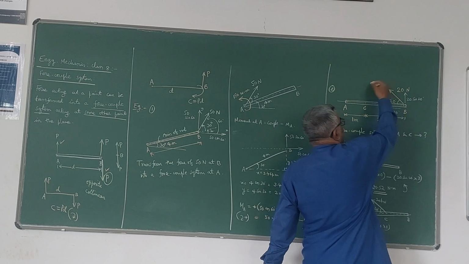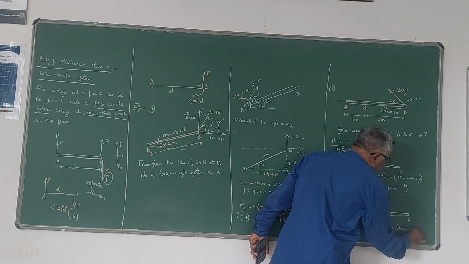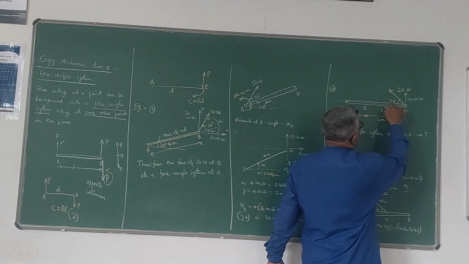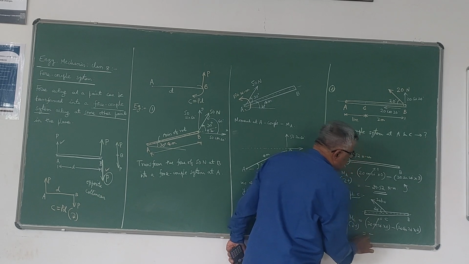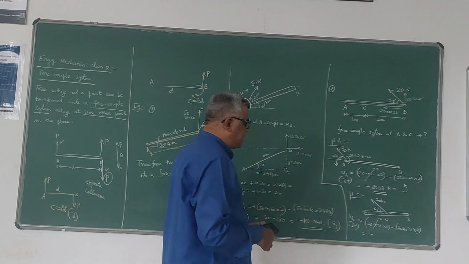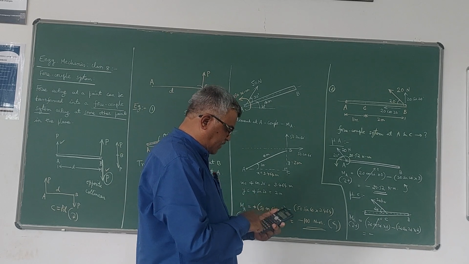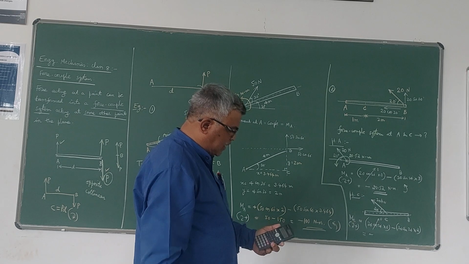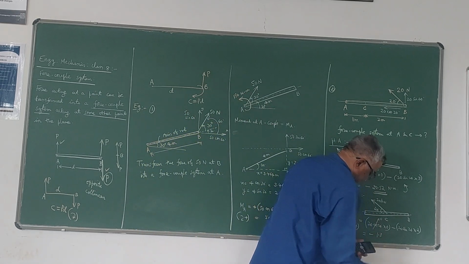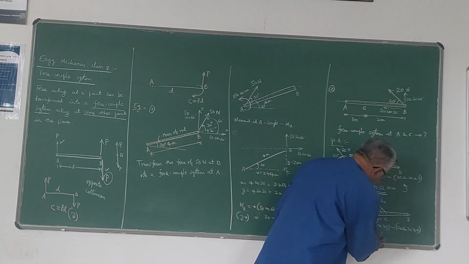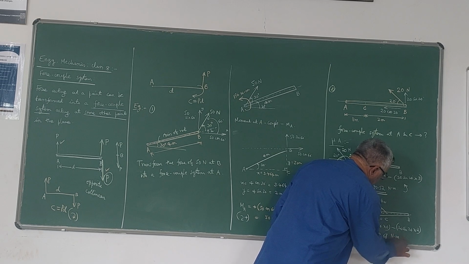The moment of this is anti-clockwise, so minus 20 sin 20, and the distance is 2 meters, taken from C. So the first value is 0, and the second value is minus 20 sin 20 into 2, which is minus 13.68 Newton meter.